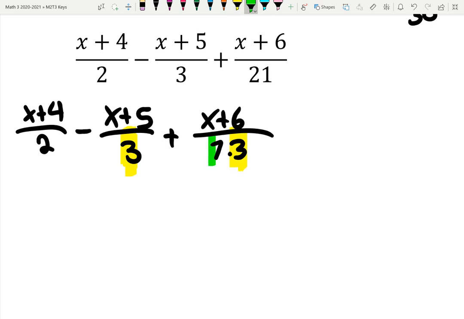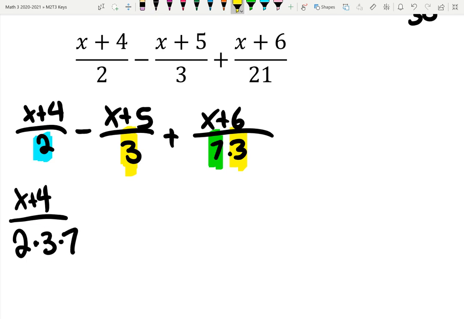I need to make sure that all of the terms have a 2 and a 7 as well. Looking at it in factored form enables an easier conversion to a common denominator. What do I need to multiply this first bit by? x plus 4. I need to multiply it by 3 and the 7.